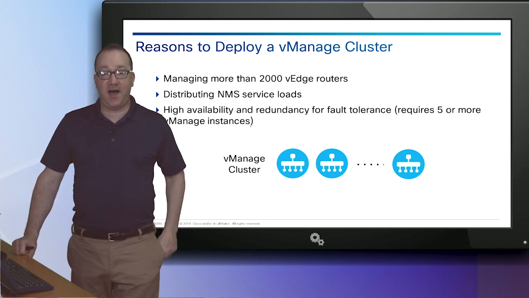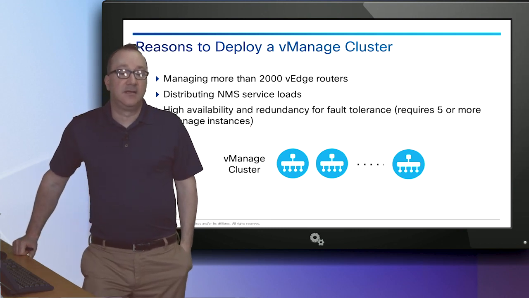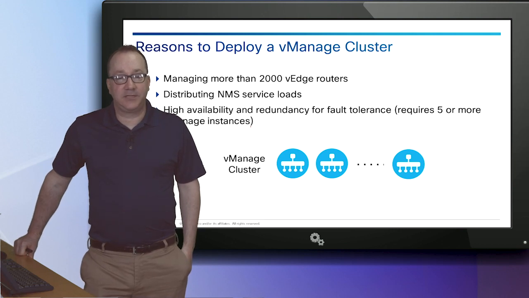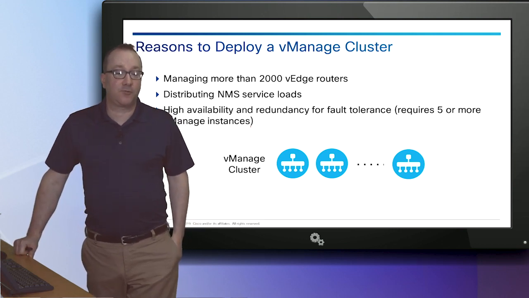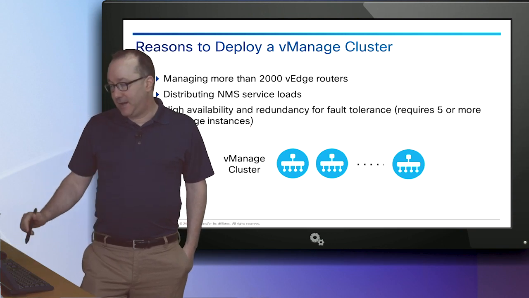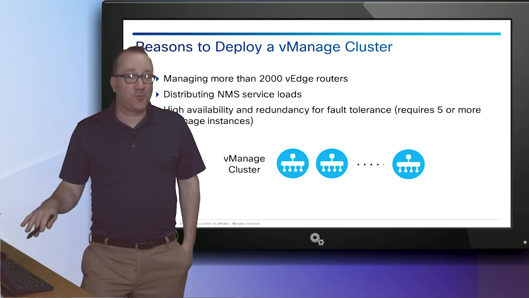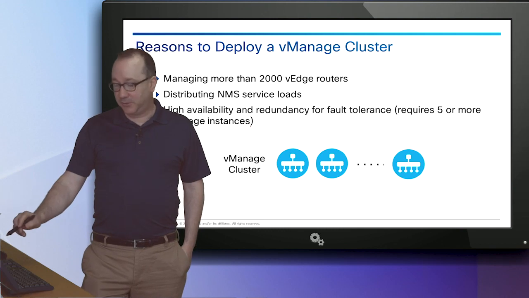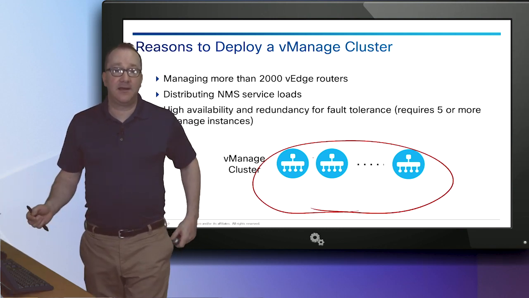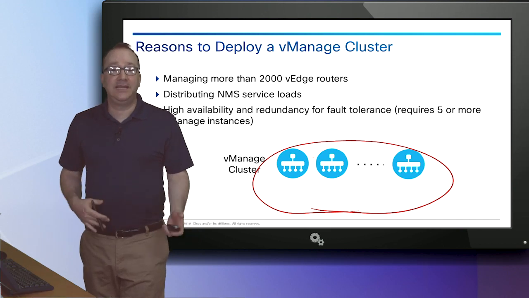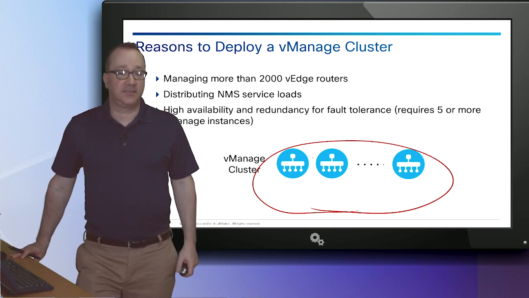For HA, at least 5 vManage devices are required. So there is an odd number of vManage devices. That means if a vManage fails, the remaining devices in the cluster continue to operate with a majority quorum. Just so you're aware, when I mention the quorum, I'm not making some political joke. These guys do vote, and if we don't have an odd number, we could have a tie, so we need to have an odd number of devices at least, okay?